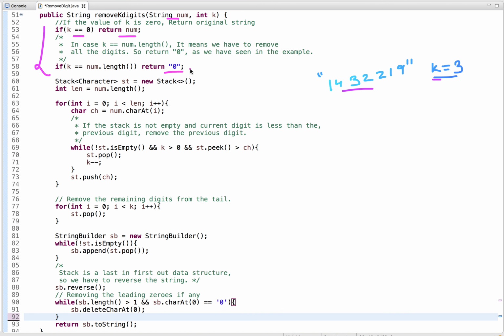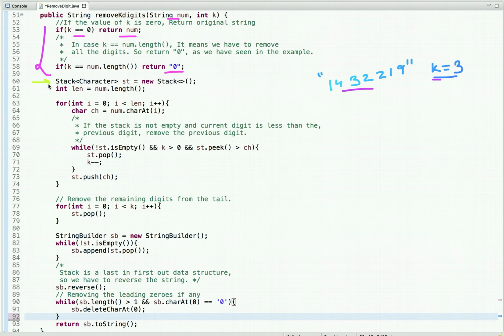This scenario we have already covered in our examples. Here I have declared a stack which holds a character type. We are given a number in the form of a string, so when we traverse this string, we get a digit in the form of a character. That's why I have declared a stack which holds values of character type.